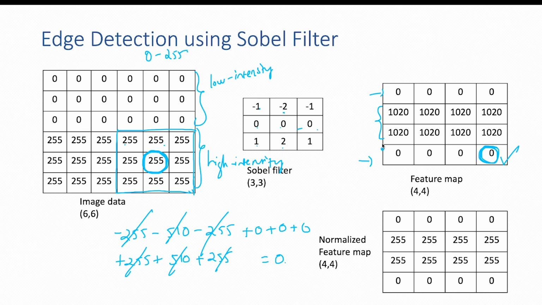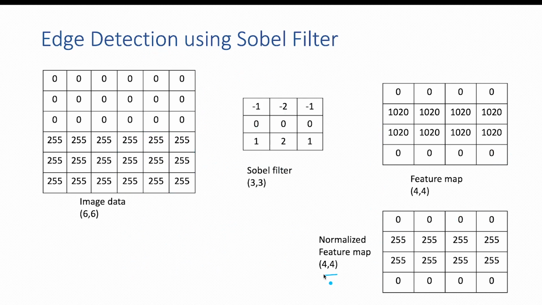When we normalize this feature map, this is what you observe. The normalized feature map has a maximum value of 255, which is for row 2 and row 3. And row 1 and row 4 have values of 0 because that's what results from the convolution operation that we have performed.